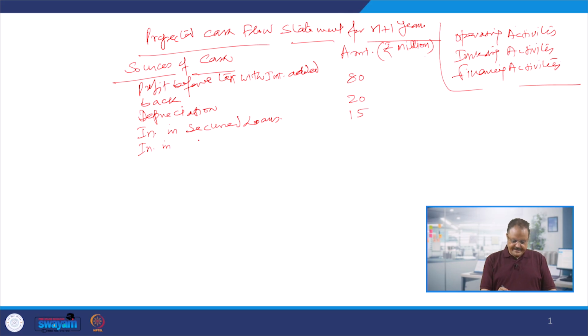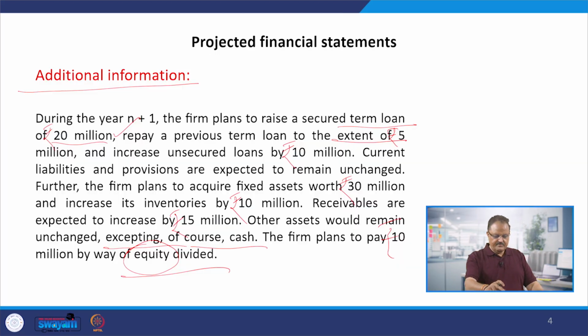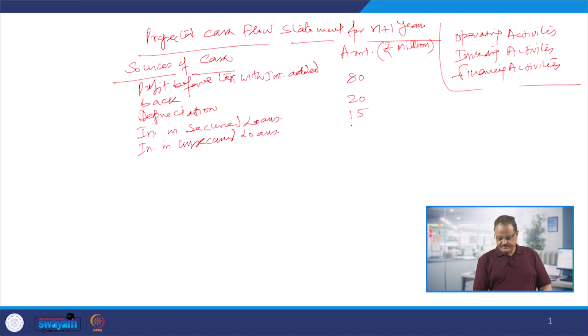So, we are going to take here the increase in the unsecured loans. It was given to you in that information as well. If you see here, there is an increase in the unsecured loans, and that amount is 10 million rupees.